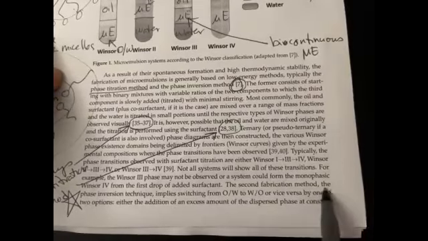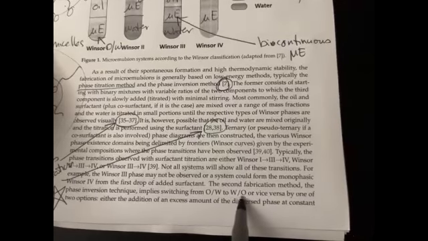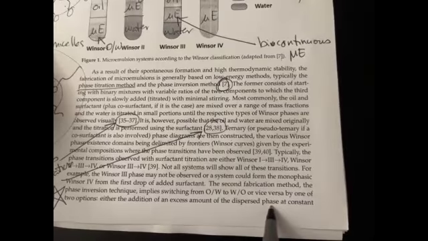The second fabrication method, the phase inversion technique, implies switching from oil in water to water in oil, or vice versa, by one of 2 options. Either the addition of an excess amount of the dispersed phase, right?